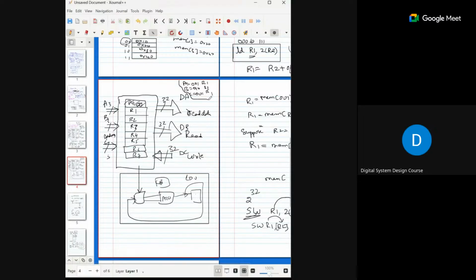The A address is a 3-bit address line pointing to register R1 in the register file. The B address line is pointing to register R2. The C address line is pointing to register R1 again. All are pointing to their respective locations. This refers to here, this refers to here, and this also refers to the same location. Is it fine? Yeah.